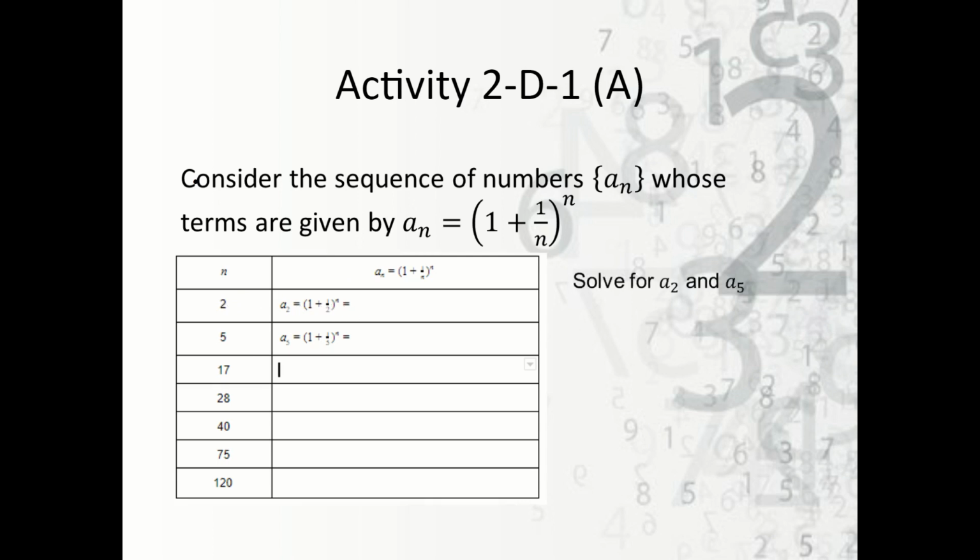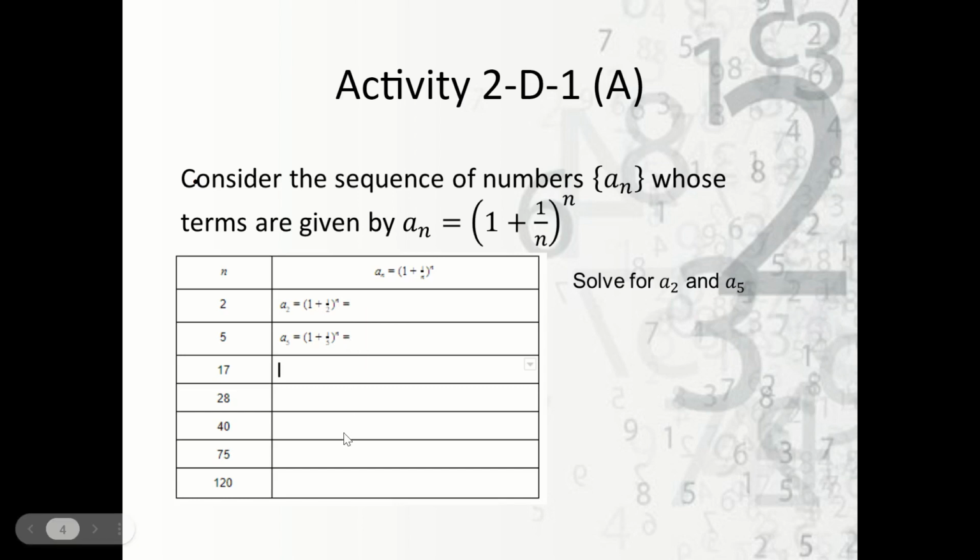So we plug 2 in for both places. And we can see then that 1 plus 1 half is 3 halves to the second power. So 3 to the second power is 9. And 2 to the second power is 4. So we should get 9 over 4 is our answer for this one.